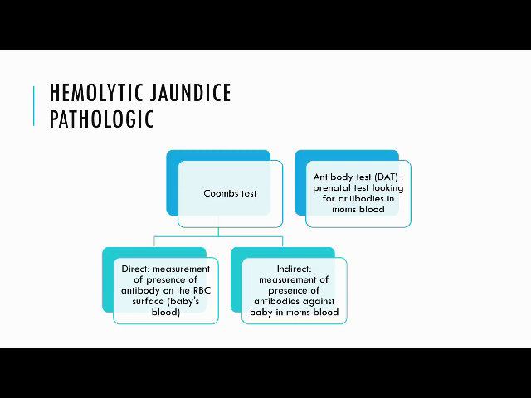An indirect Coombs test means that we're measuring the presence of antibodies against baby's blood in mom's blood, on the surface or just floating around in mom's blood. So a positive result for an indirect Coombs test means that the mom has antibodies against Rh or ABO antigens of the baby, and they're floating around in mom's blood. If the indirect Coombs test is positive, that's really kind of bad, because the antibodies against the baby's blood are still floating around in her bloodstream.